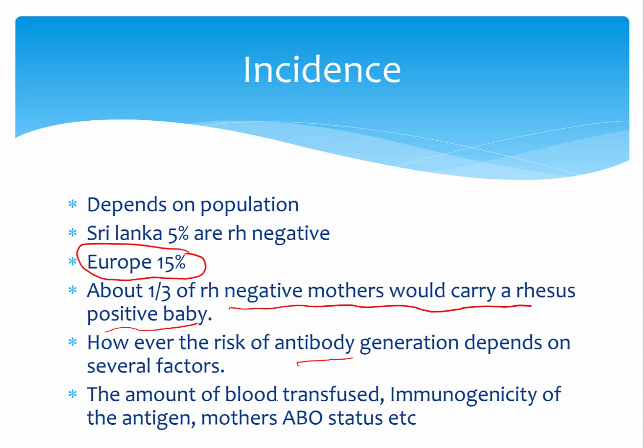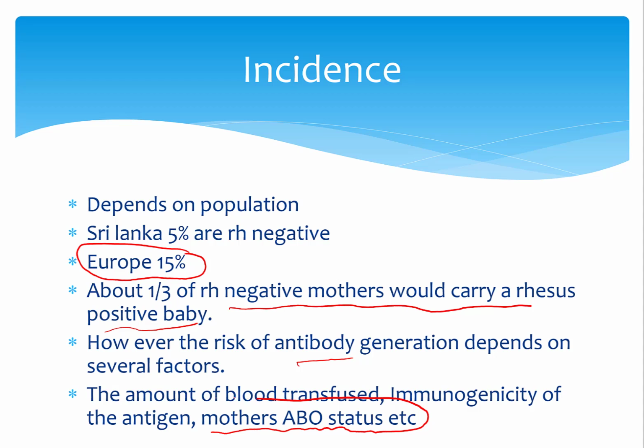The anti-B antibodies are already there, so immediately at the entrance of the fetal cell into the mother, those antibodies against B will go and lyse the red cell from the fetus. So there is no chance of developing antibodies against the rhesus positive cells of the fetus.